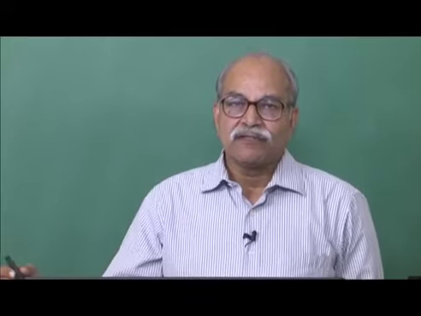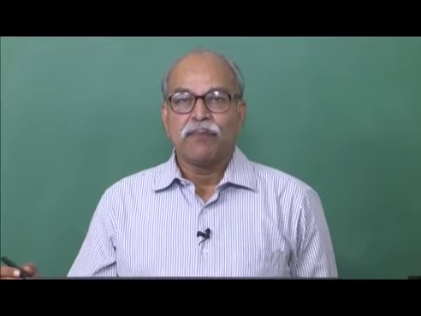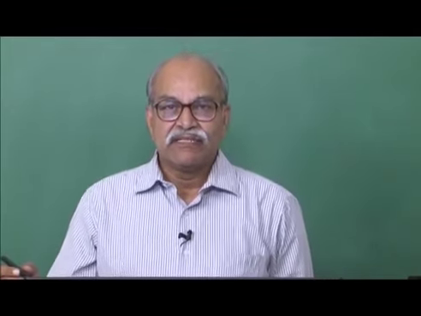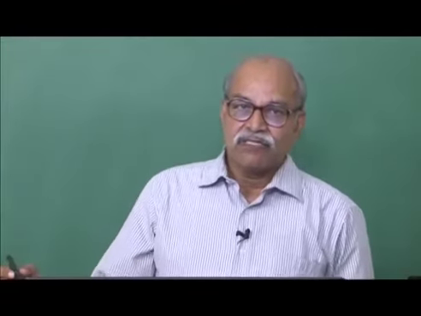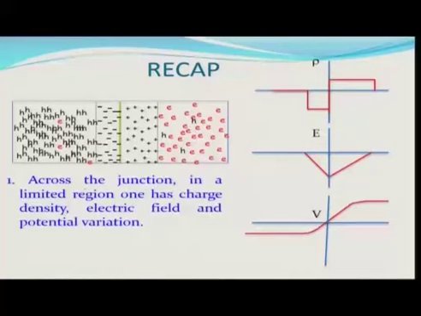So, before I start today's lecture, let me recap what we did in the previous lecture. The first thing was that when you have this p-n junction, then across the junction you have charge density, you have electric field and you have potential variation.